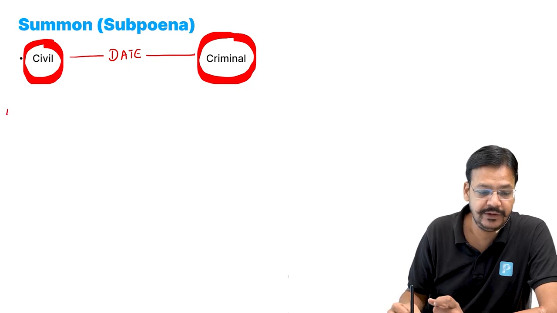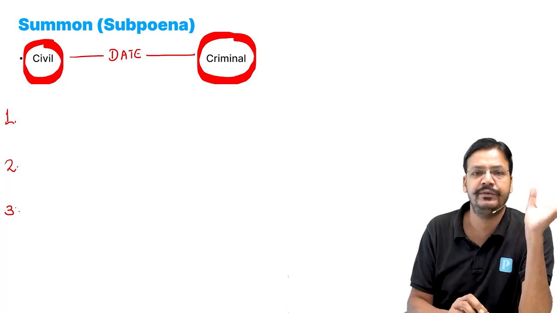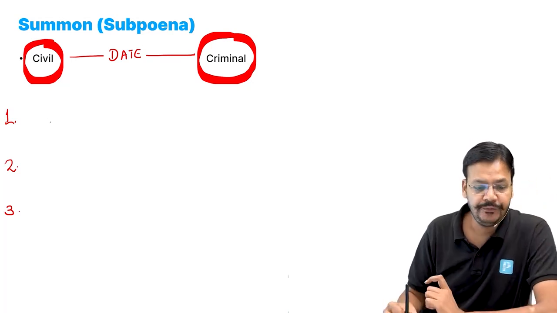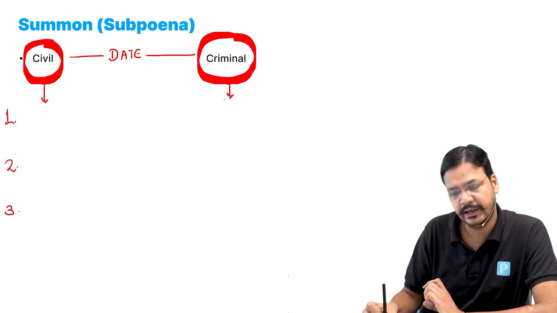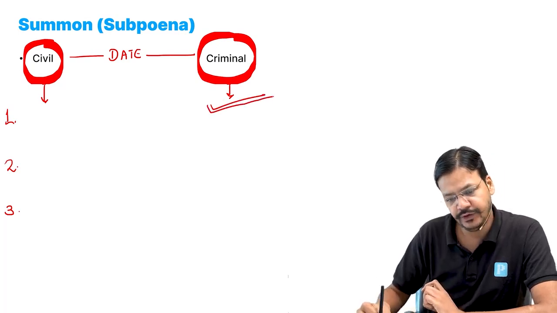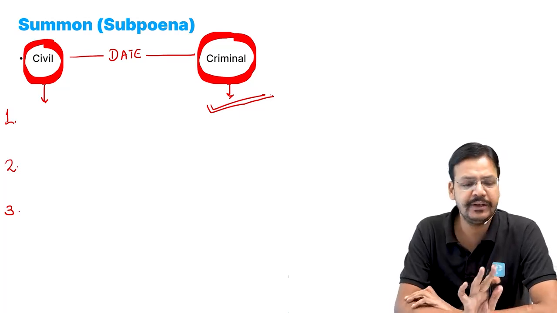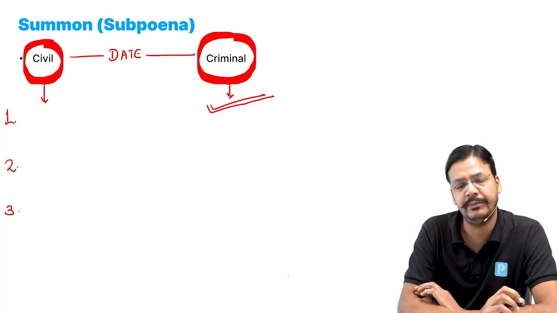One is from a civil court, another is from a criminal court. And I'm just telling you three sequences. If you got one from a civil court and another from a criminal court on the same date, the preference should be given to the criminal court. This is the first situation.